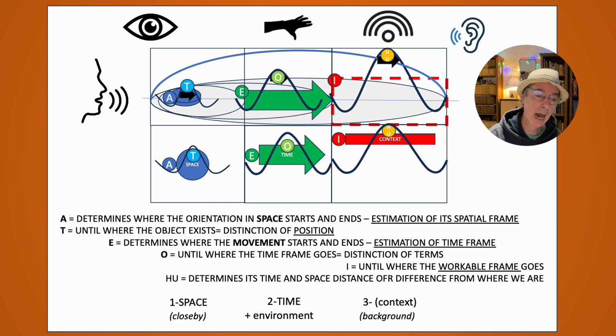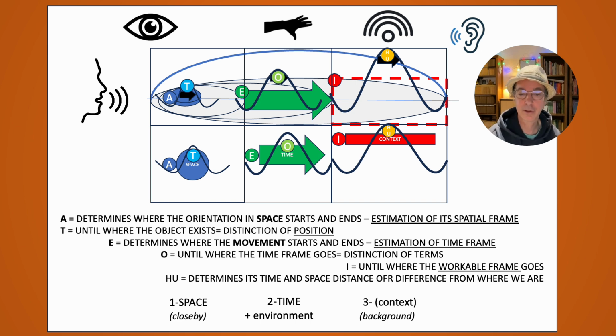And the A, I will repeat, determines where the orientation in space starts and ends, so that I have an estimation of its spatial frame. With the T, I can see until where the object will be, that I'm sure of that it will be until there. So that's a distinction of the position. There I'm most sure about its position.